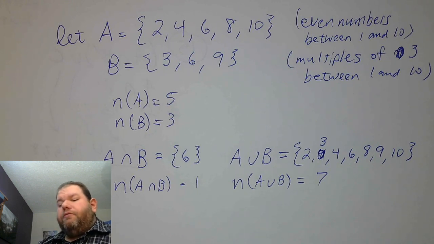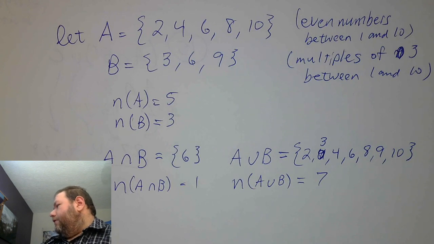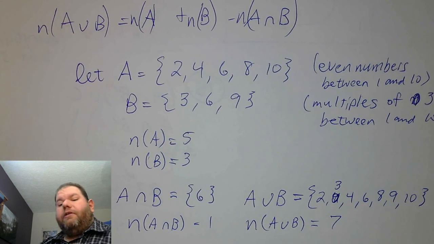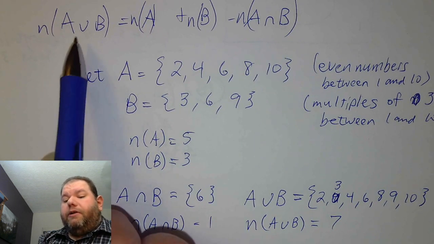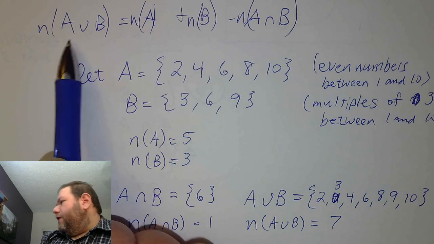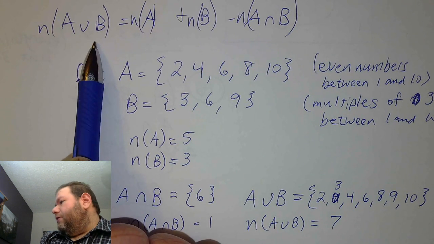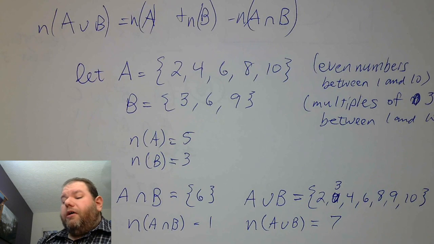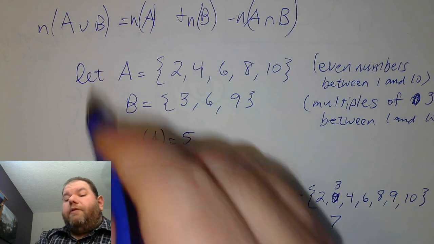And so now we bring back in our rule of counting here. And it says the number of elements of A union B, sure, we can do that. A union B is 7 elements.